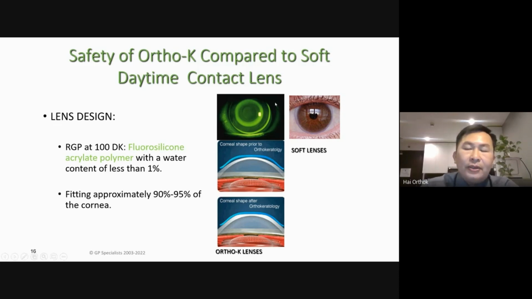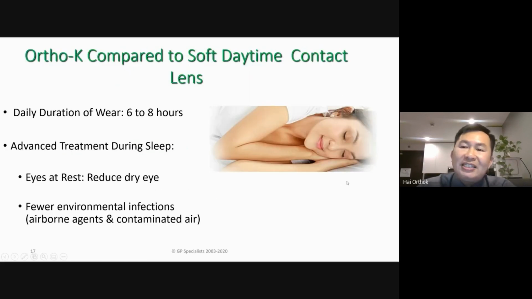The hard lens, the Ortho-K lens, is actually very safe because it has a design with very good tear film, and this provides very good prevention of dryness for the patient at nighttime if we fit correctly. Because of that, my fitting of Ortho-K is very much focused on the reverse zone, not the base curve, not the alignment curve, but centration with a good reverse zone is what we actually focus on. And Ortho-K is safe to wear at nighttime.